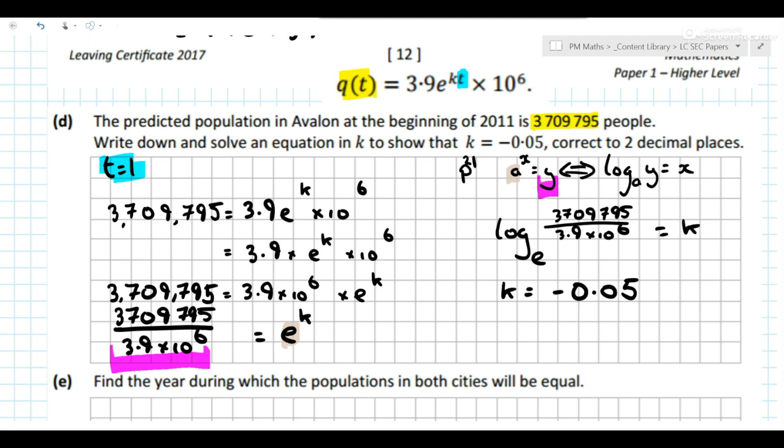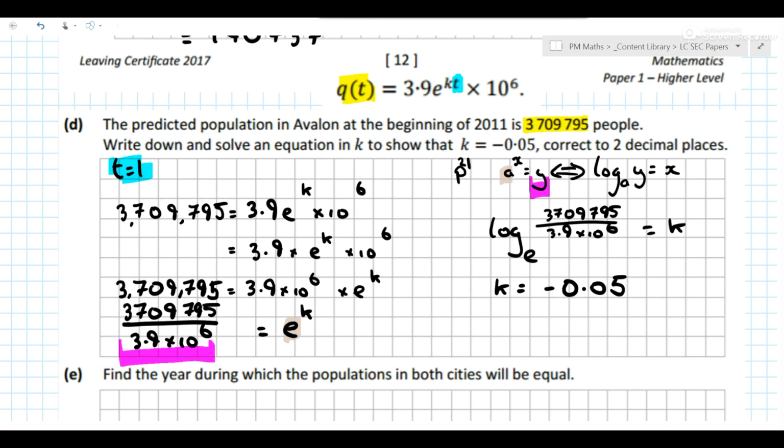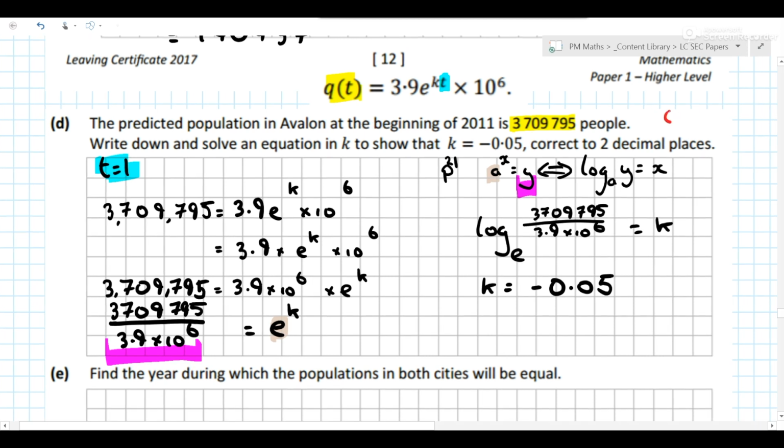And just a quick reminder that when you're actually putting it into your calculator, it's useful to know that log to the base e, a little shortcut, you can just type ln and it works. And another really heavily marked question, 0, 5, 10, 15. You'd be very, very happy with that.